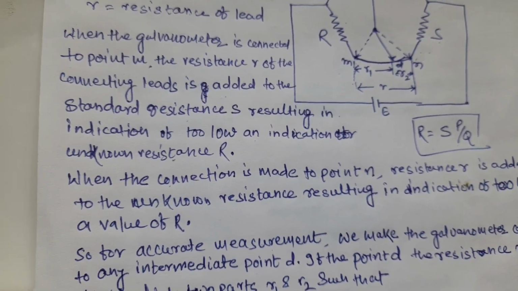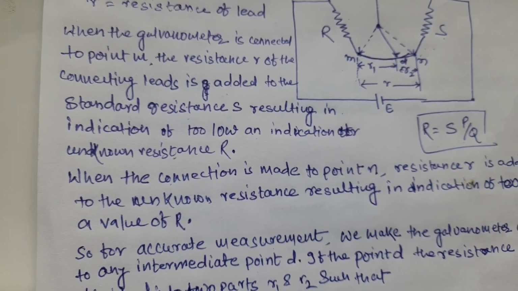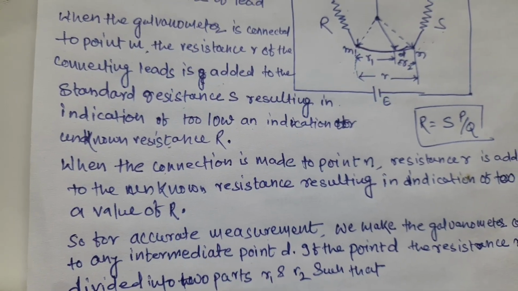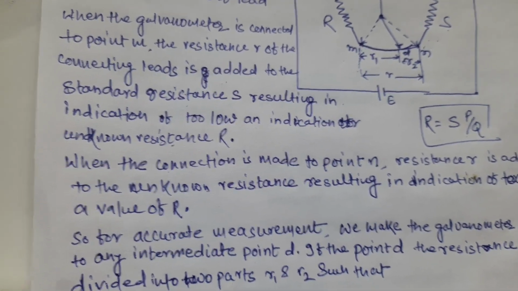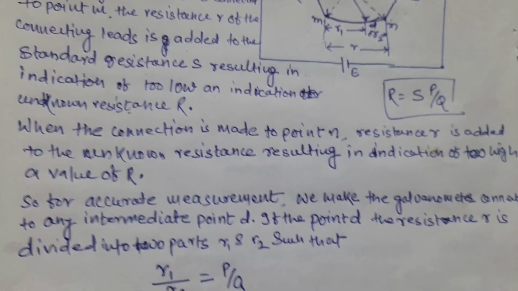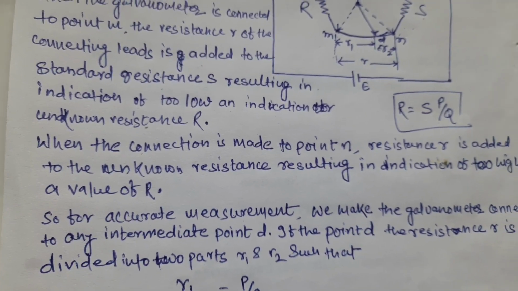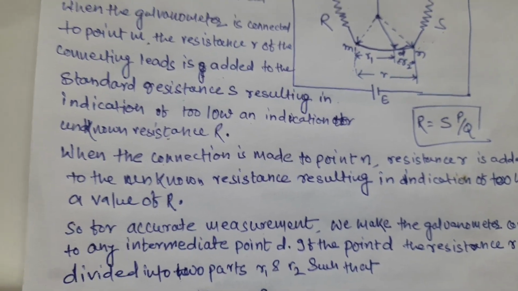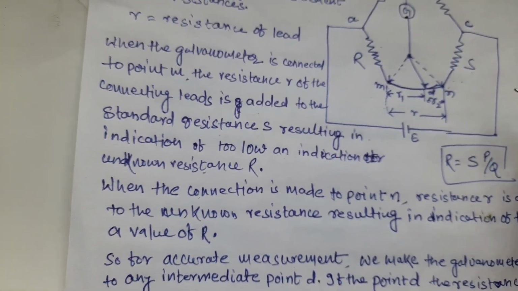We have to find the intermediate point where we can measure the accurate value. For accurate measurement, we make the galvanometer connection to an intermediate point D.